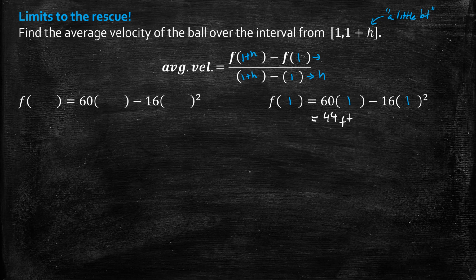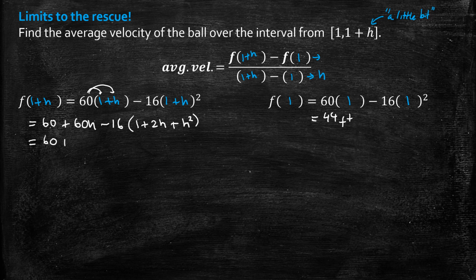Finding f of 1 plus h is a little more involved, because now we're going to end up with an expression in terms of h. So let's start distributing and simplifying. The first thing we get is 60 plus 60h minus 16, and then for 1 plus h squared, be sure to multiply out correctly. It would be this expression.